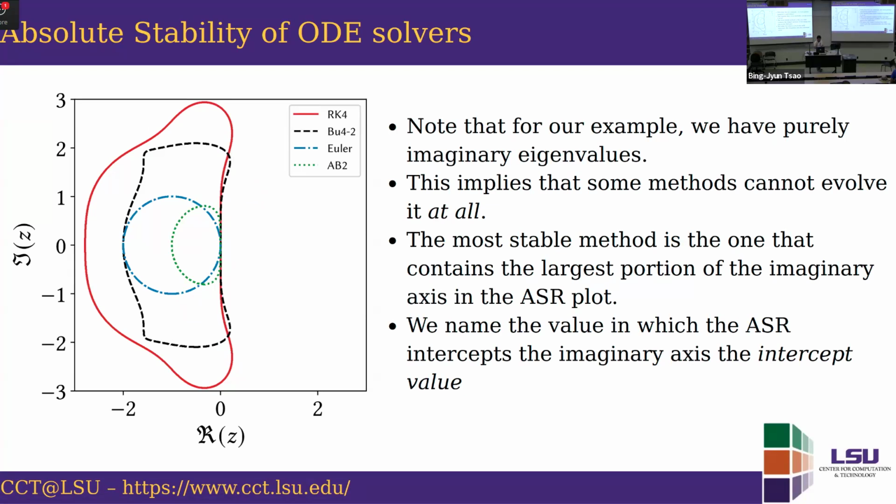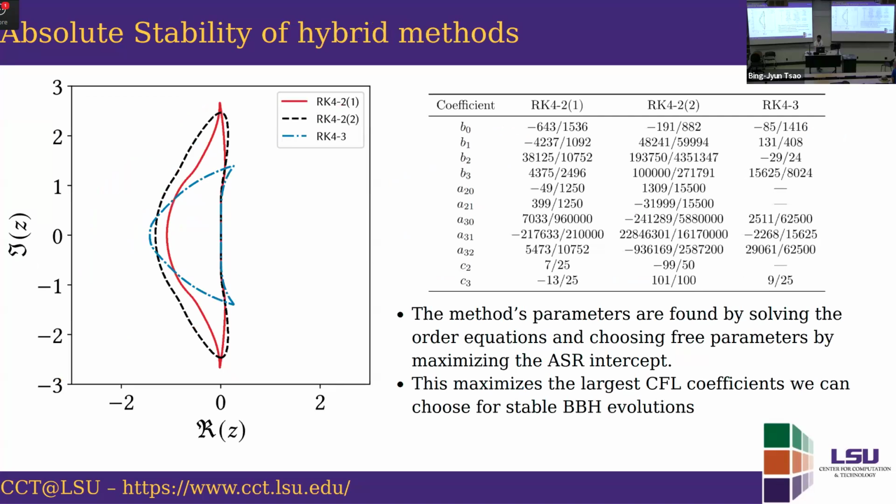And so we are searching then for a method that contains the largest possible intercept value or the largest possible section of the imaginary axis for our methods. And this is what we're going to use in order to tune some of the coefficients of our hybrid time integrators.